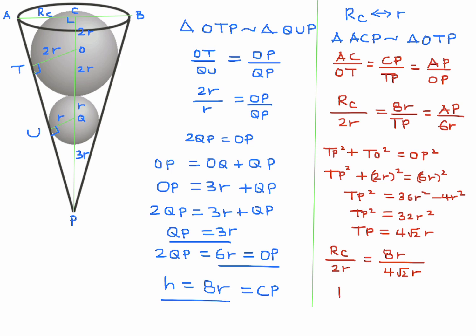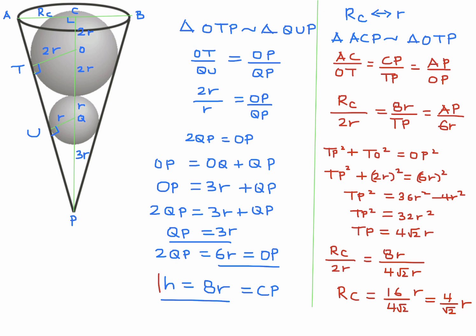Okay, so that means RC is equal to 16 over 4 root 2R. And of course that simplifies to 4 over root 2R. All right, great. Exactly what I needed. RC in terms of R.